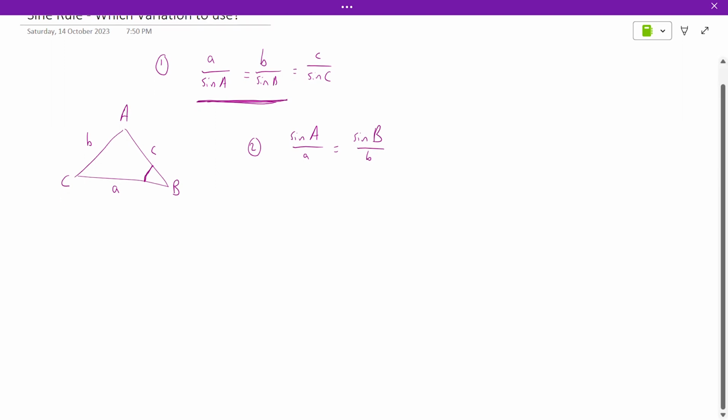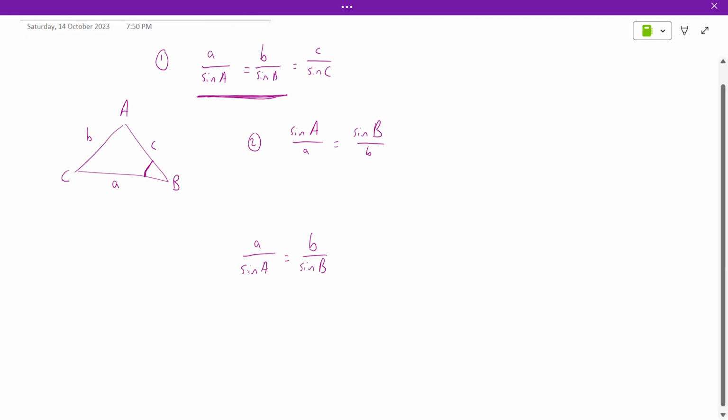So down here, I'm just going to write the original equation again. a over sine A equals b over sine B, and let's just use that variation.